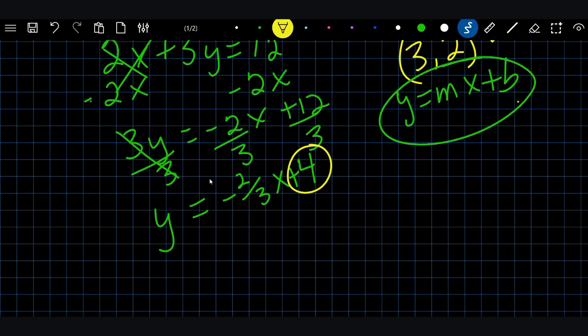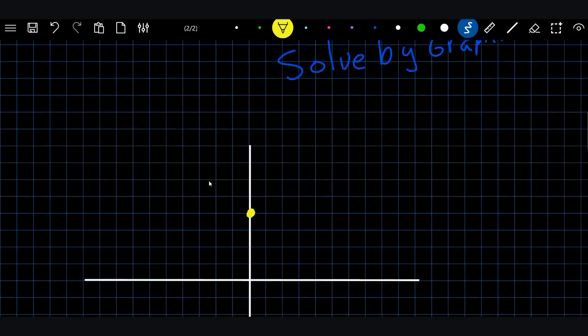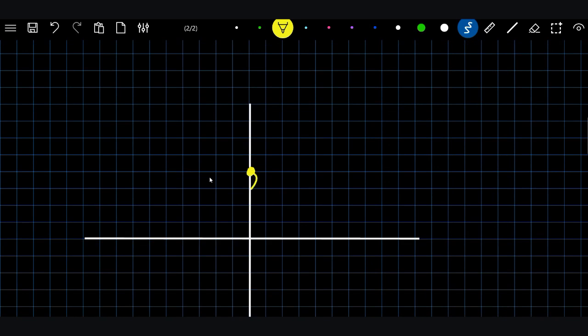Well, it's a negative 2/3, and so we're going to have to go negative on the 2. Remember, the slope is y over x, right? Okay, so we go down 2 over 3. So if we go down 2, 1, 2 over 3, 1, 2, 3. Here's our line.